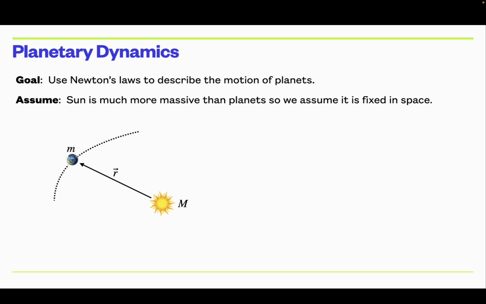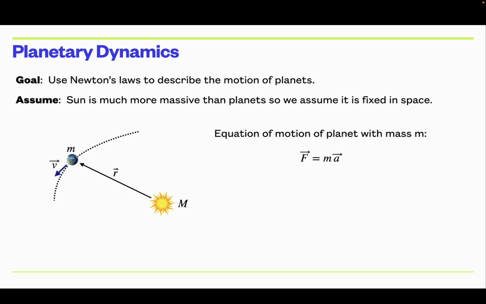The dotted line will be the trajectory or the path of the orbit as the Earth orbits the sun. And its velocity through space will be tangent to that trajectory and is given by the vector v.